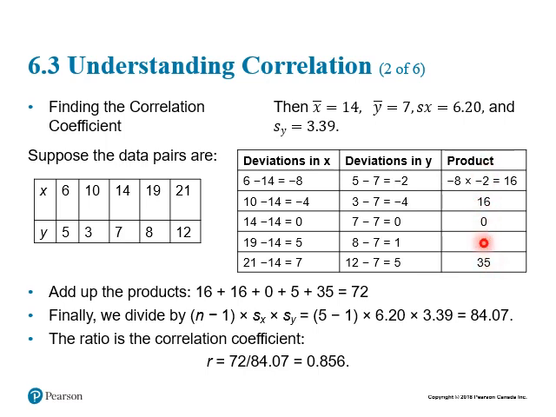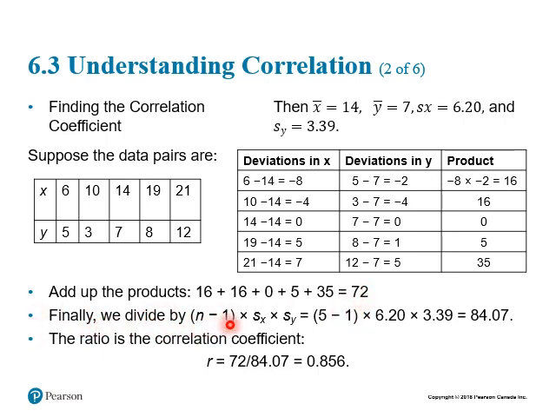Then you take the summation. You add up the products, 16 plus 16 plus 0 plus 5 plus 35, and you get 72. So now we've only calculated the top part, the numerator of the equation. We need to calculate the denominator now, so we need to divide the 72 by this value.